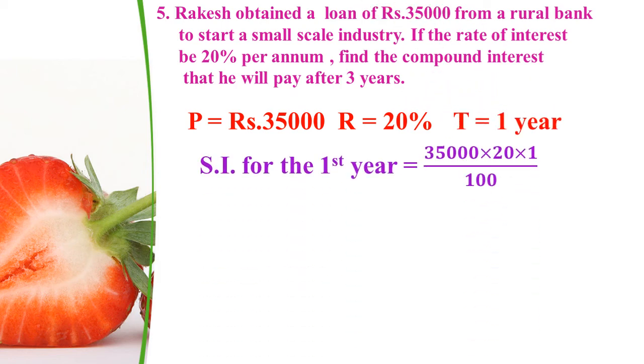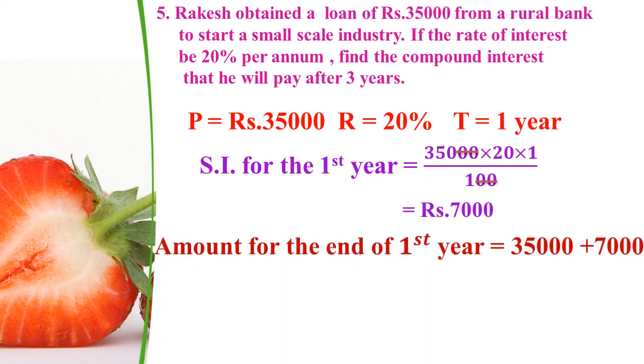Let's find simple interest for the first year. P into R into T by 100. So 35,000 into 20 into 1 by 100. 2 zeros and 2 zeros gets cancelled out. So simple interest for the first year is rupees 7,000.